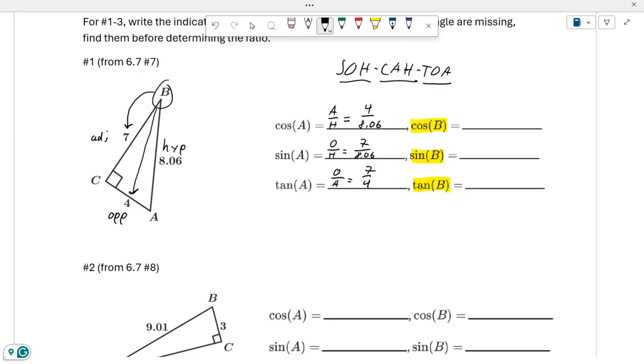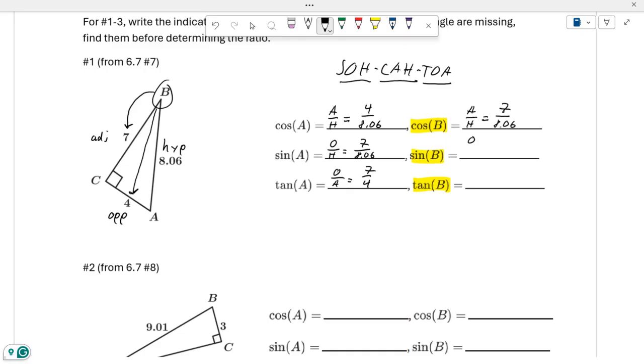My definitions do not change. The definition of cosine is adjacent over hypotenuse. So now my adjacent is 7, and my hypotenuse, as always in this problem, is 8.06.